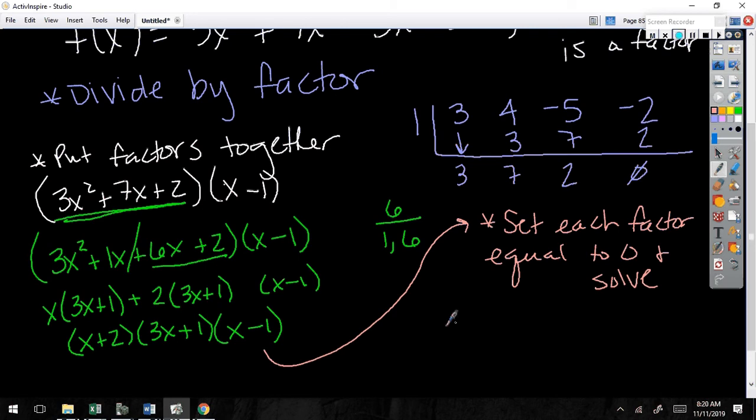Give me one. Negative 2. Give me another one. Negative 1/3, and then somebody said 1. The number of factors there is how many zeros I have, unless, of course, it's a quadratic. Yes, no, maybe so? Yeah. Okay.